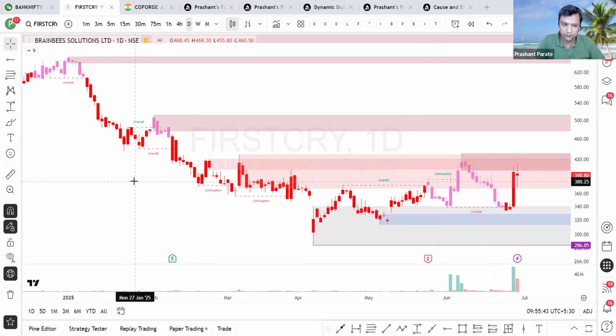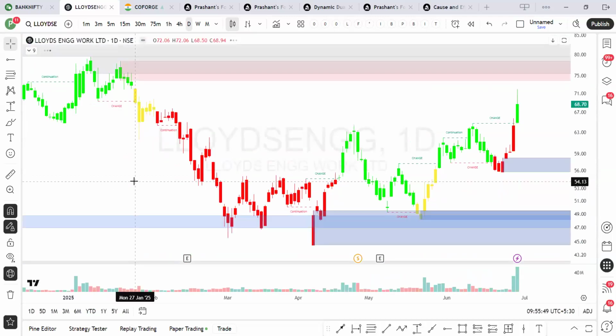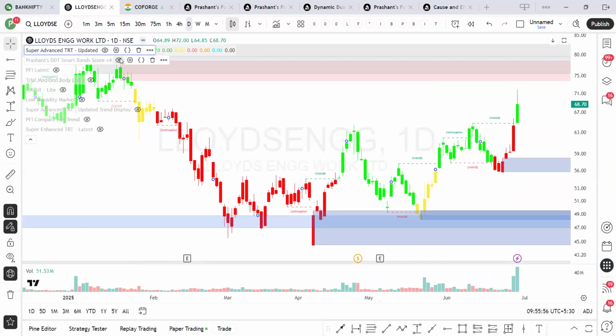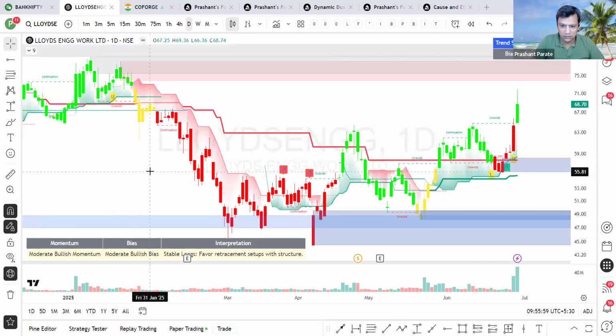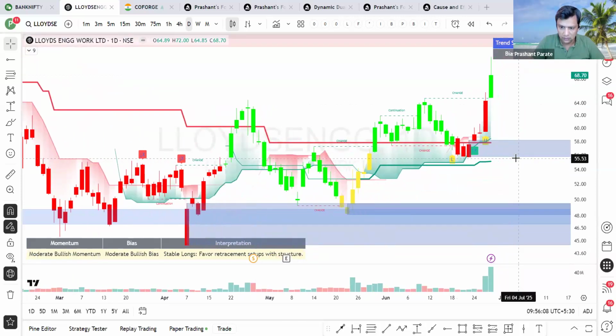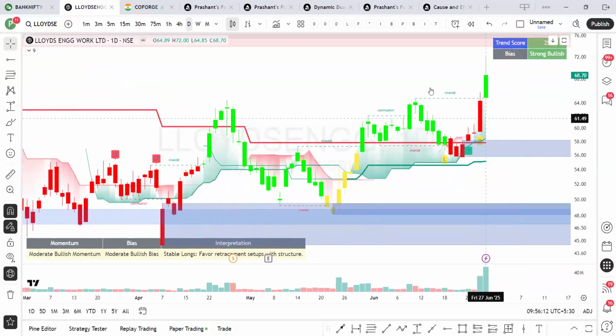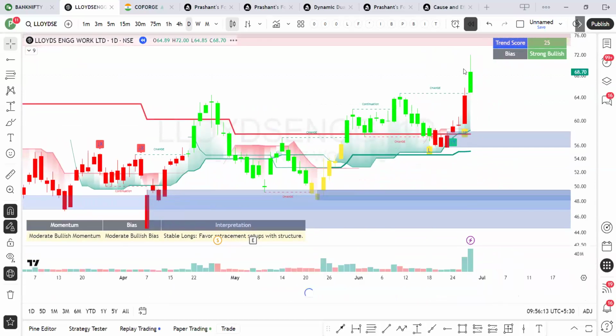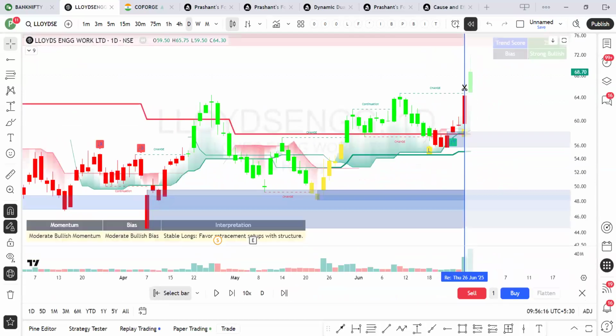Akshay sir, can you go back to that Lloyd's engineering chart? Yeah, and that your DDTB indicator, DDT smart bands, +4. So now that U which has been printed on that white candle, would that be printed on the same day or the next day?